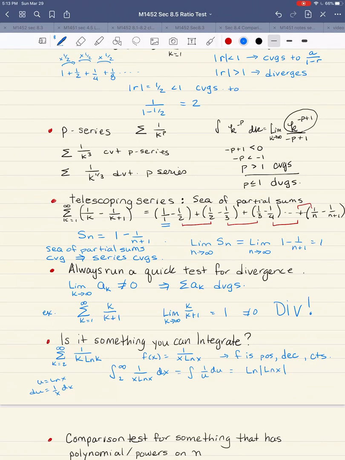We'll get the natural log of u, but u is the natural log of x. We're taking this from 2 to infinity, and so you see when this is infinity, natural log of infinity goes to infinity, so the integral diverges. That implies the series diverges.